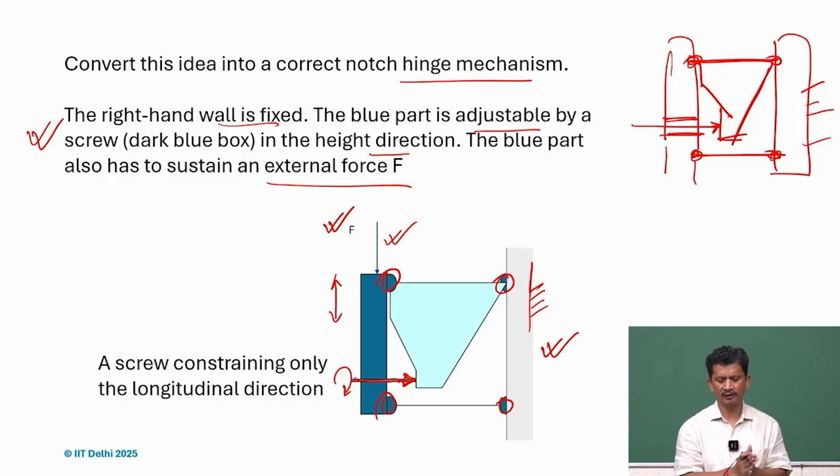So one can find that, oh, it's a symmetric design, and we can go about that. But if we look at it closely, what we realize is that the force directions might be different.